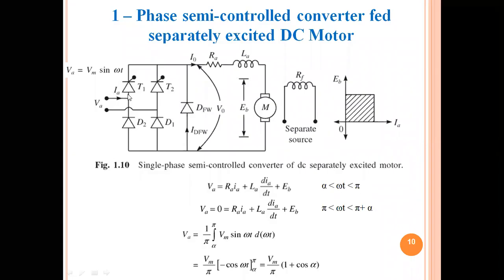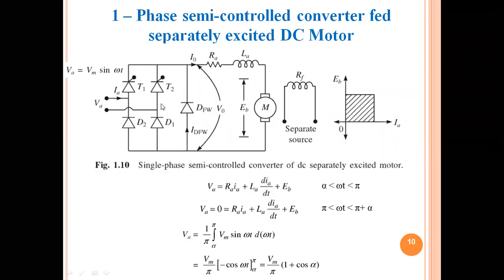At pi, the thyristor T1 will be turned off, because at pi the input voltage comes to 0 from the positive half cycle. After pi, it will produce the negative half cycle, which means the thyristor T1 will go to reverse biased mode. In this reverse biased mode, T1 will be in off condition.